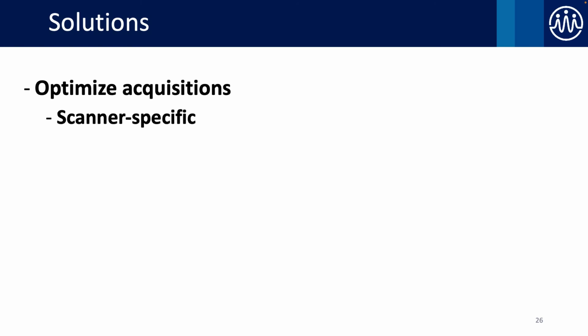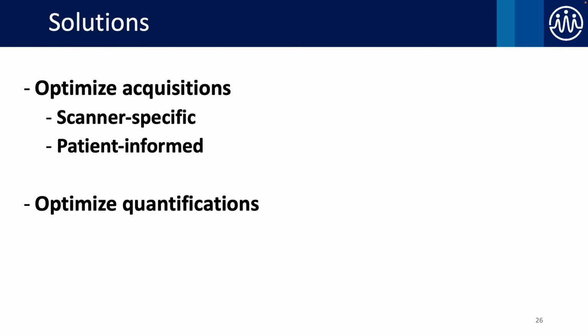You do this scanner specifically because different scanners would have different attributes. But that also needs to be patient informed, because patient attributes may also affect that. Is an optimized protocol necessarily an optimized protocol for everybody, or does it matter what type of patients you're imaging? So that's one approach that we need to consider.